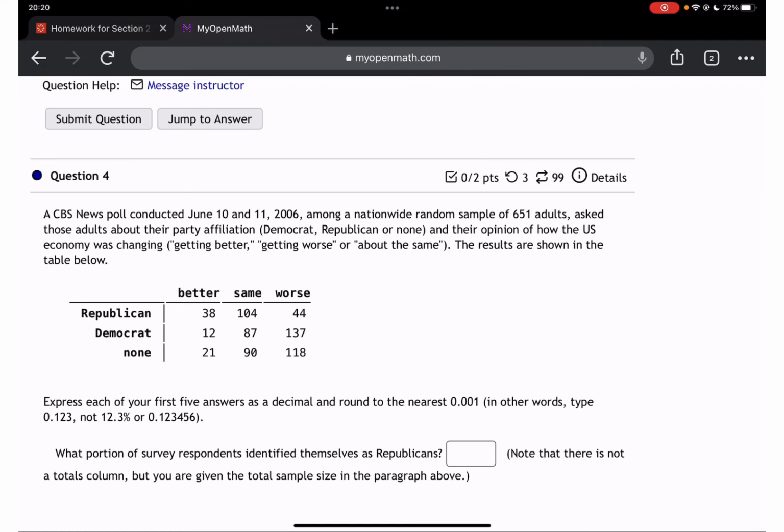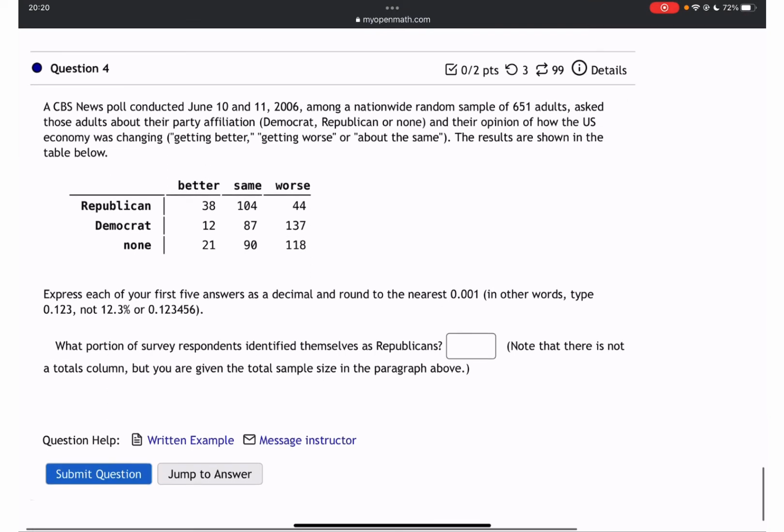Question: express each of your first 5 answers as a decimal and round to the nearest 0.001. So 3 decimals we have to keep. Okay? So what portion of survey respondents identify as a Republican?